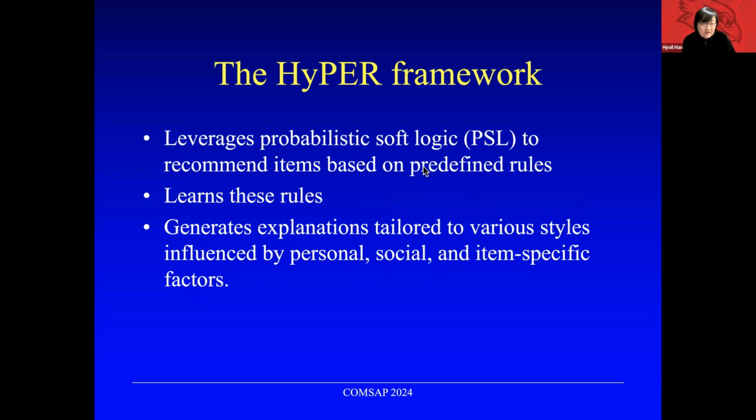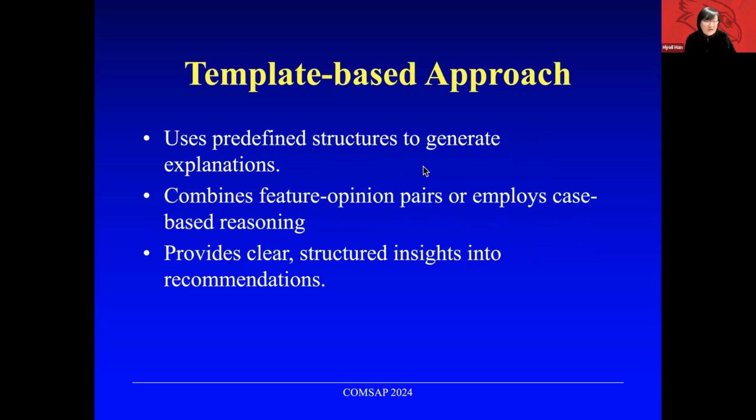One framework that uses a rule-based approach is the Hyper framework. It leverages probabilistic soft logic, PSL, to recommend items based on predefined rules. It learns the predefined rules, then generates explanations tailored to various styles influenced by personal, social, and item-specific factors.